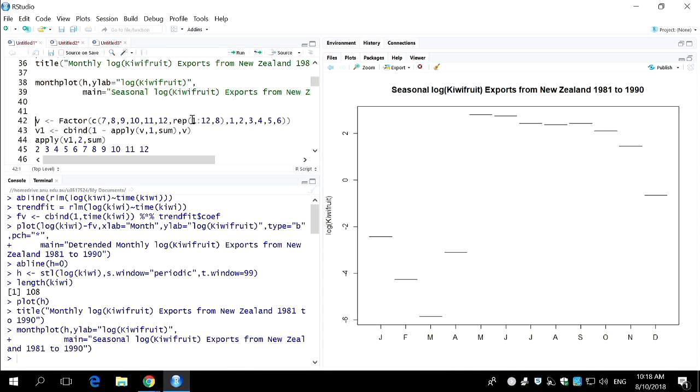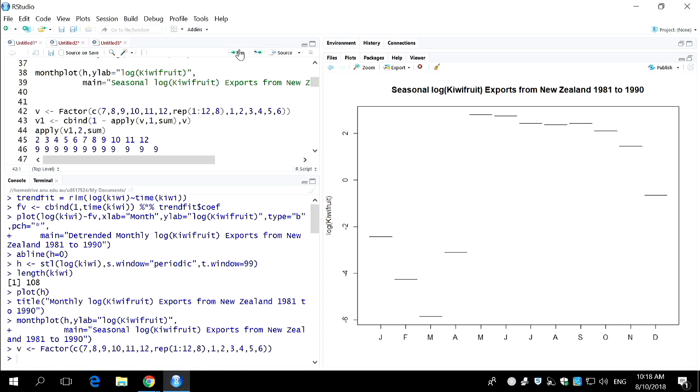Then you've got 8 full years of data, so 8 replications of January, February, March, April, right through December. So 1 through 12 repeated 8 times, and then it finishes 1, 2, 3, 4, 5, 6. It finishes with the first half of that 13th year. All right? So you set up your seasonal factor like that, okay?